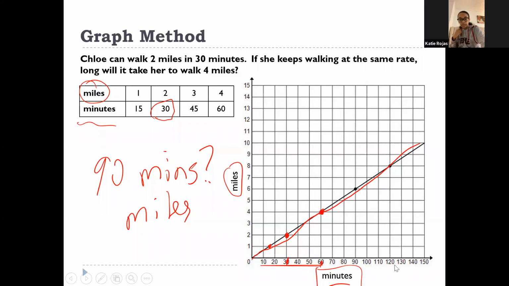I got 6 miles because I went down to the x-axis and I found 90, and then I went up to the y-axis and found where they met, and they got 6. Okay, so you traced it across and you found that it was 6 miles. 90 minutes is 6 miles. Thank you.